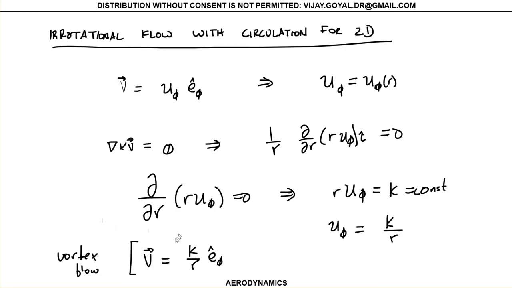And you can see the velocity field I got here, right? I can replace that in there, and you will find that you get the following value. So you can show that your velocity then is going to be circulation over 2 pi r E phi.